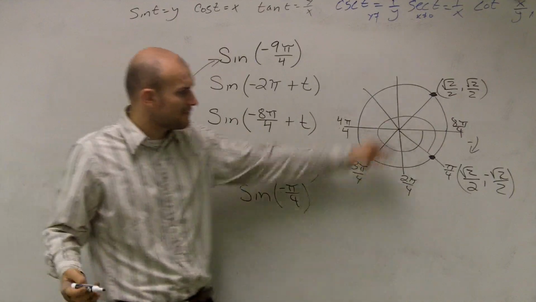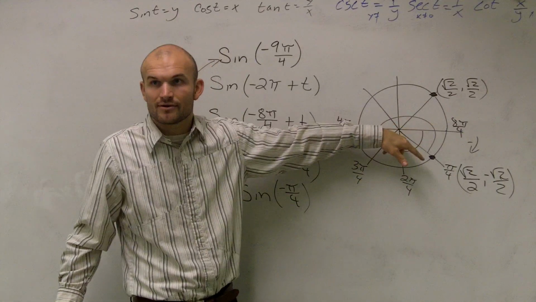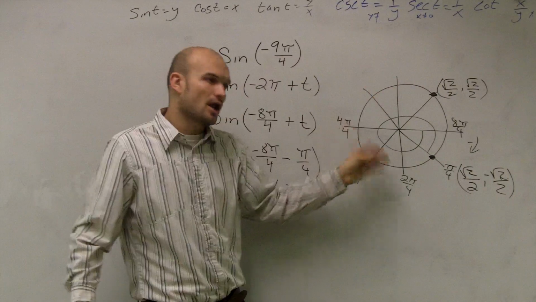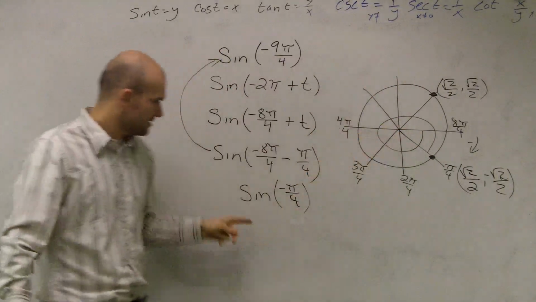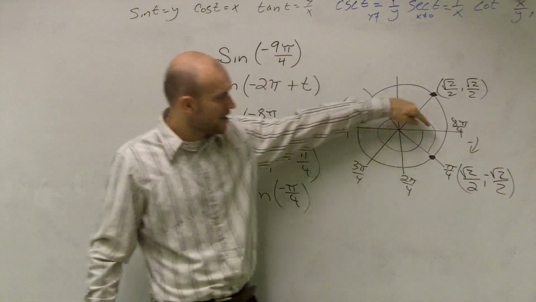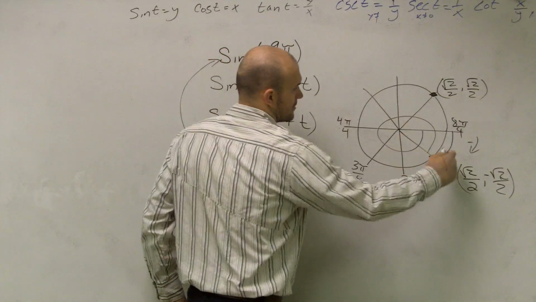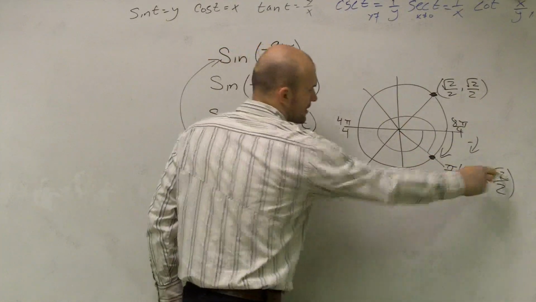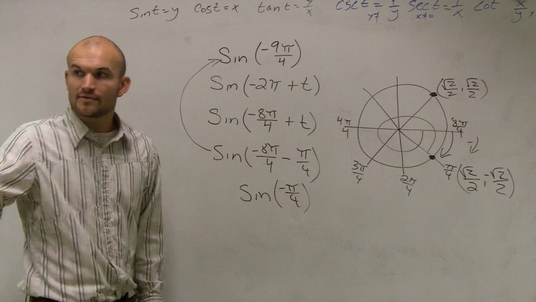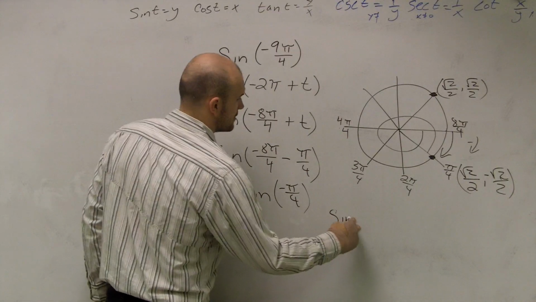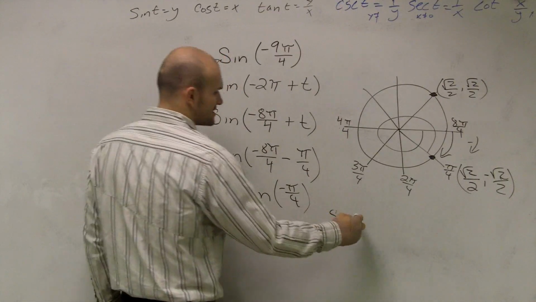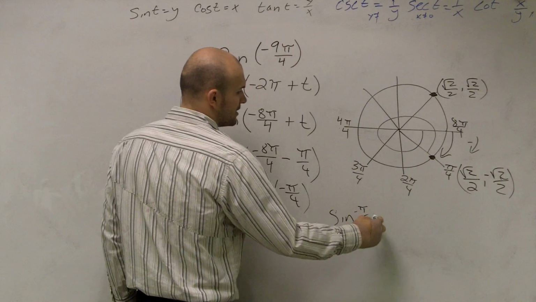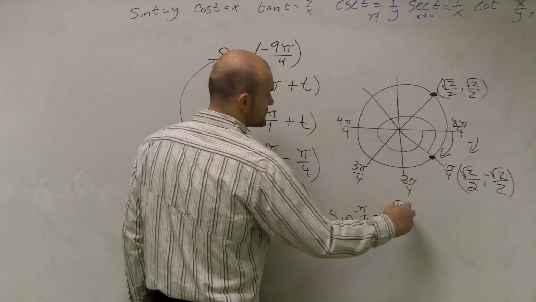You should know that negative pi over 4 is just down that way. Instead of sectioning it all off and going over 360, sine of negative pi over 4, I just go like this. Boom. That's the point right there. Remember, the sine is your y value. So sine of negative pi over 4 is equal to the y value, which is negative square root of 2 over 2.